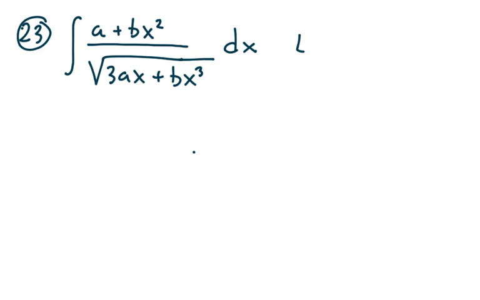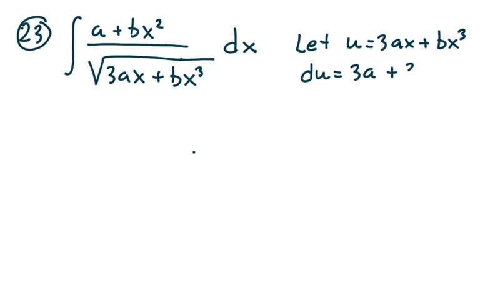So I'm going to let u equal 3ax plus bx cubed. If I want du, this is 3a plus 3bx squared. Now, you might think, well, if I look at the numerator, that doesn't look like du.